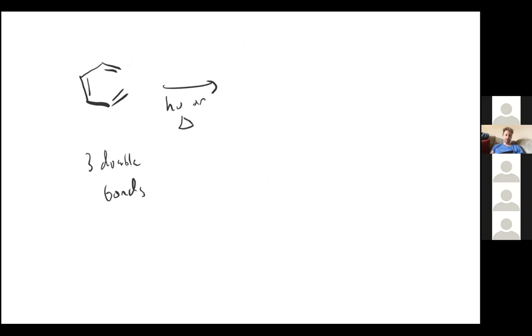All right, if we have a 3 double bond system like so, if we added either heat or light, this is going to let us close our ring.